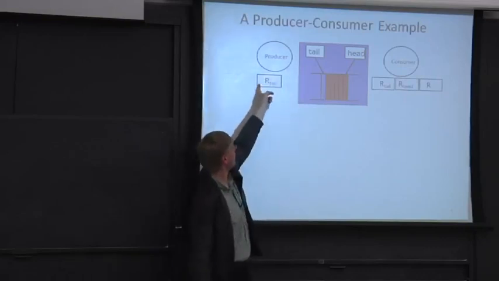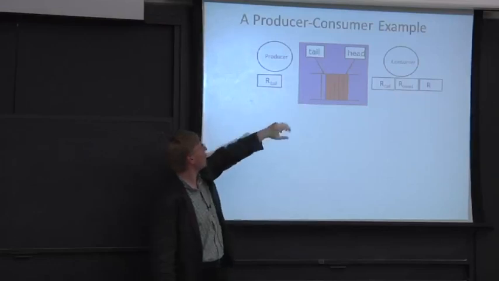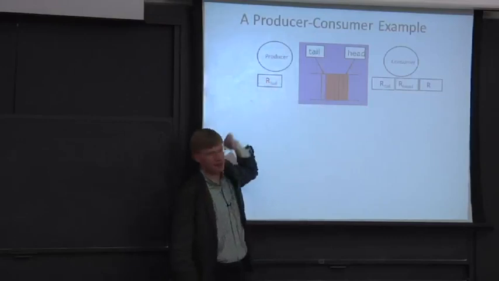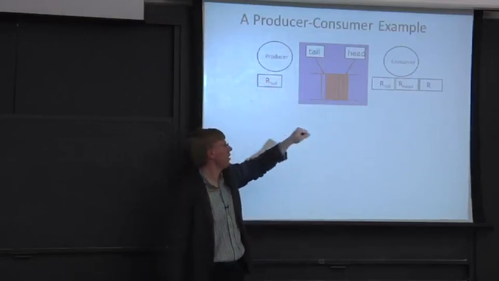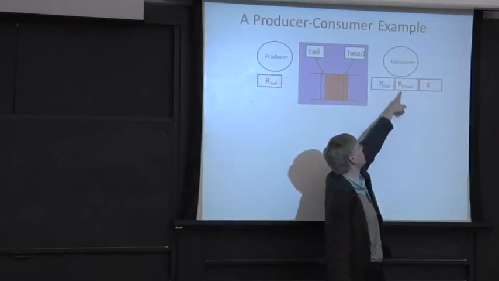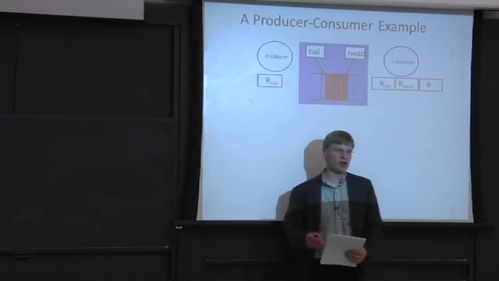You have a register value here on the producer, and you can move the tail pointer into this register. And then we have 3 registers over here: the tail pointer register, the head pointer register, and a register for the value we receive.